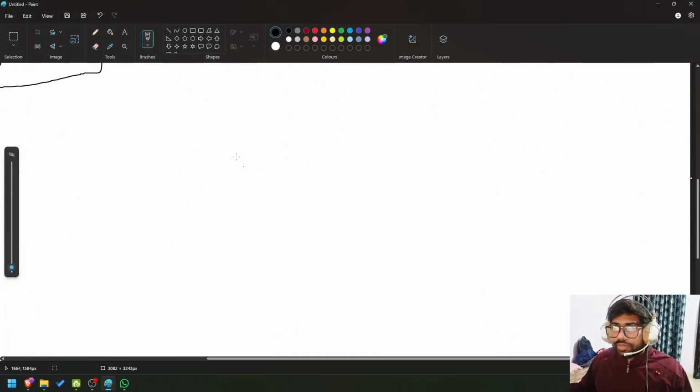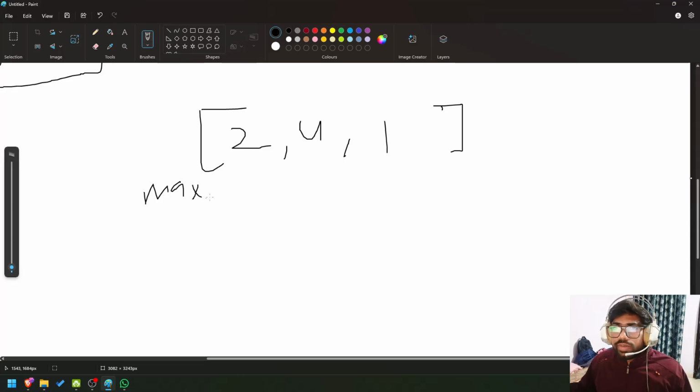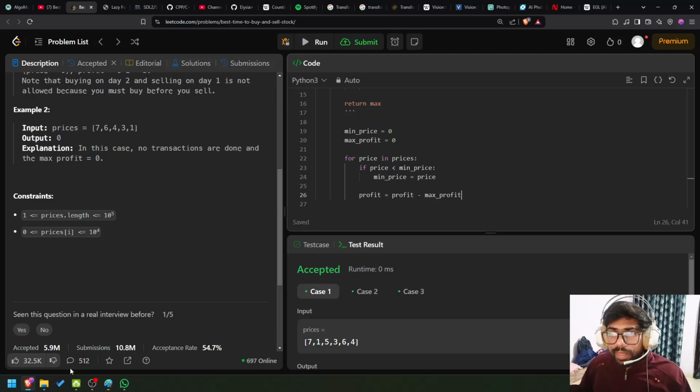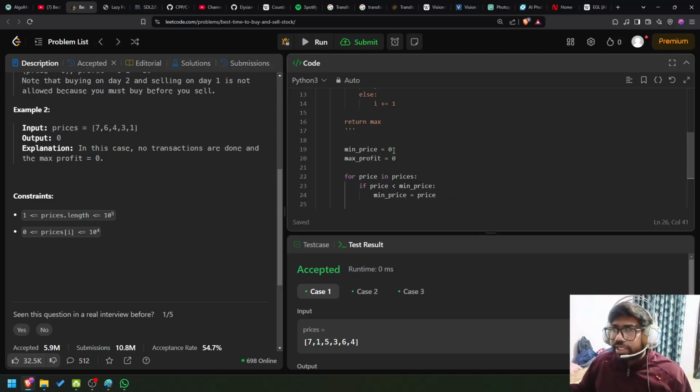Okay, see, here is, I'll go with 2 4 1. My max profit is 0 so far, and min price is okay. Yeah, this would not make sense for min price. I would need to set min price.